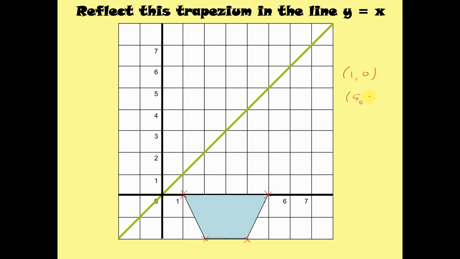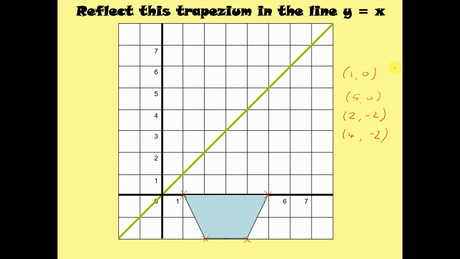This point is 2 on the x and minus 2 on the y, so 2, minus 2. This one here is 4 on the x-axis and minus 2 on the y-axis.